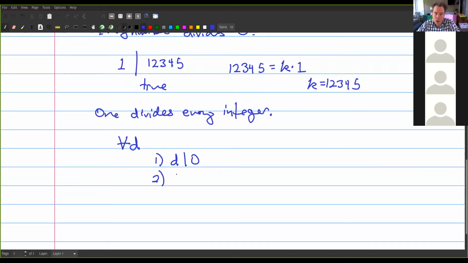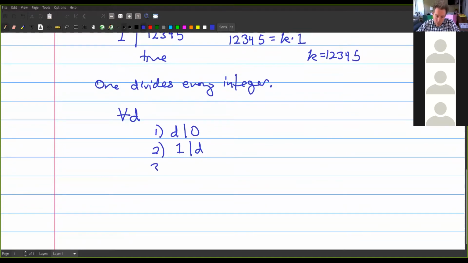And it's also true that 1 divides D, because 1 divides every number. But there's only one number that divides 1. What is the one number that divides 1? 1, yeah. So there's only one number that divides 1, which is 1.